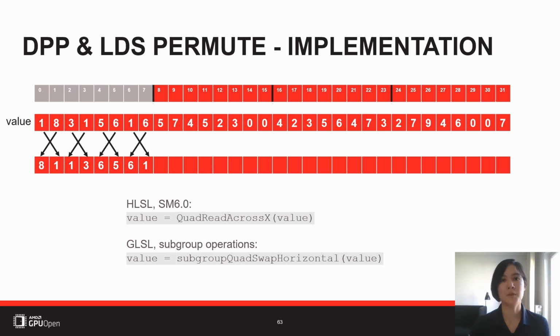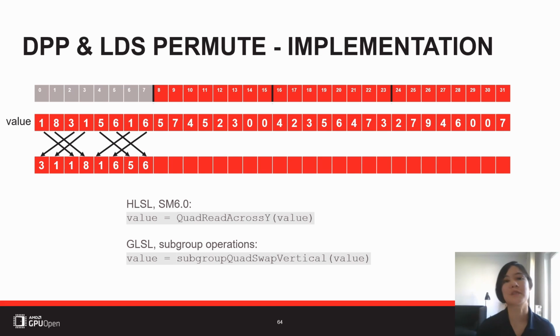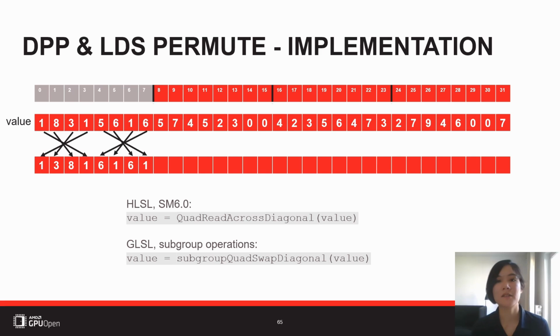First the horizontal swap, which means that thread 0 exchanges its data with thread 1, and thread 2 exchanges its data with thread 3. Then the vertical swap, so thread 0 exchanges the data with thread 2, and so on. And lastly, the diagonal swap, where thread 0 exchanges its data with thread 3.